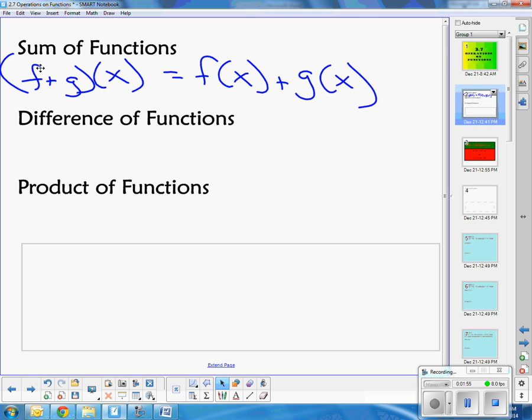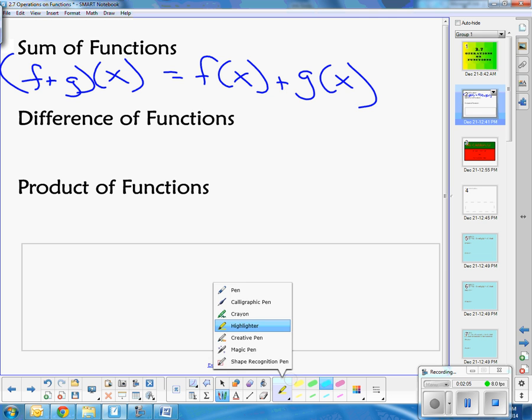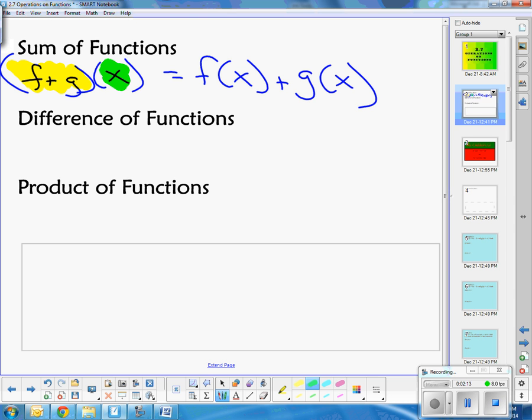And what it really says on the left is that I can put the 2 functions together first. If I'm looking at the left side here, it's by order of operations. It would say, add the 2 functions together first, and after you've added the 2 functions together, evaluate them at x.